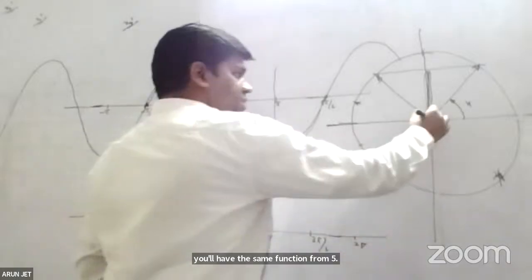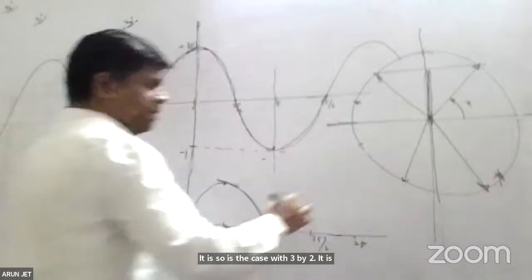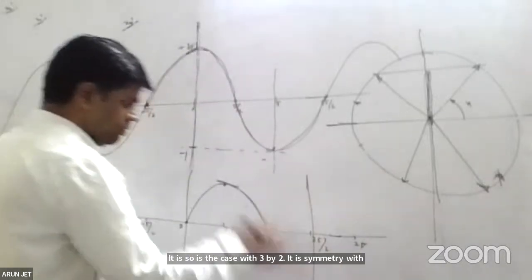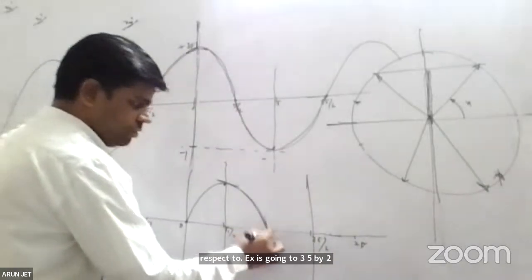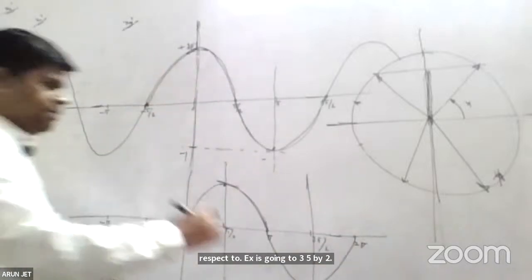So is the case with 3 pi by 2. It is symmetric with respect to x equal to 3 pi by 2. And this gets repeated.